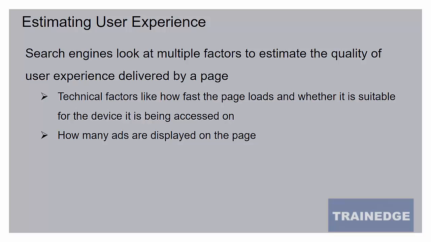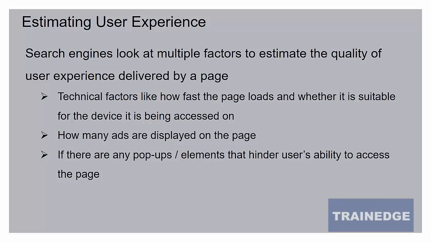Sites which show too many pop-ups also suffer from a degraded user experience. Especially on mobile devices, pop-ups are very difficult to handle, and if you have a pop-up showing on a mobile device, Google is going to downrank your page on mobile devices because the pop-ups are killing user experience.